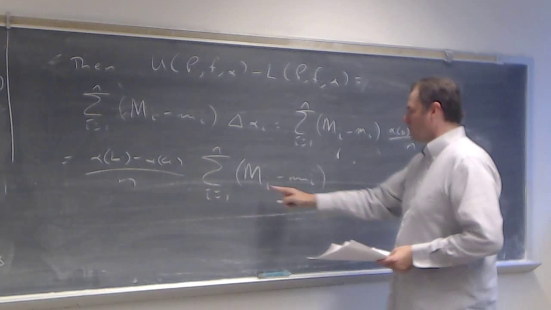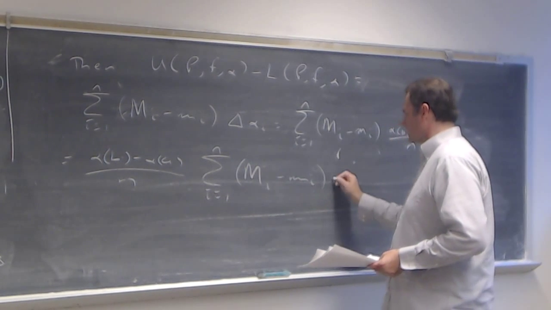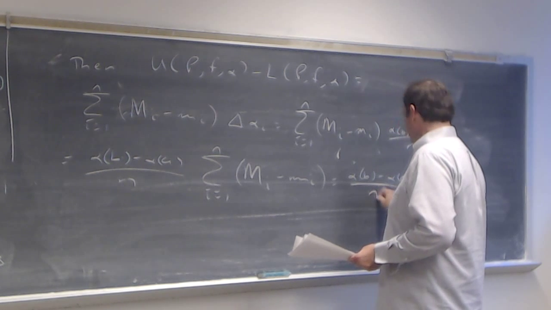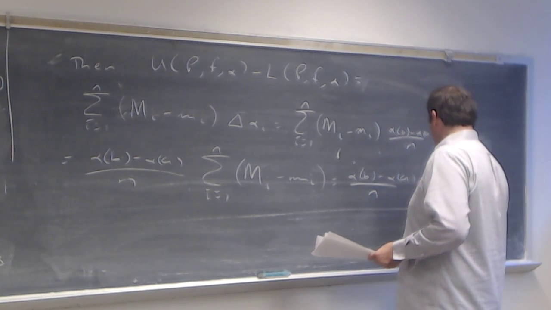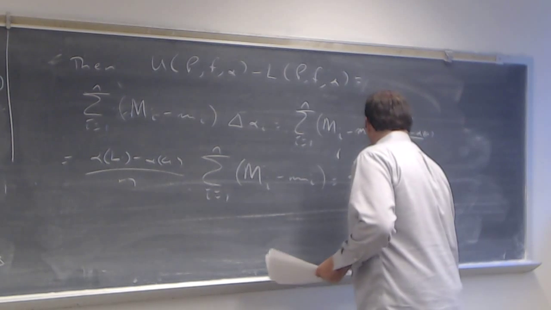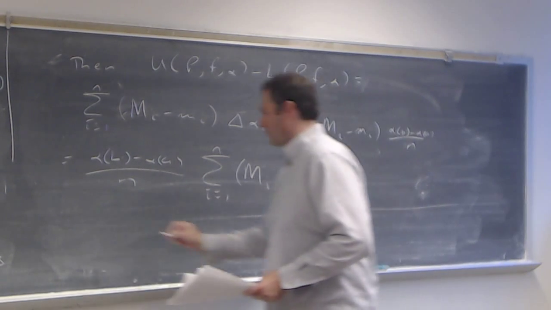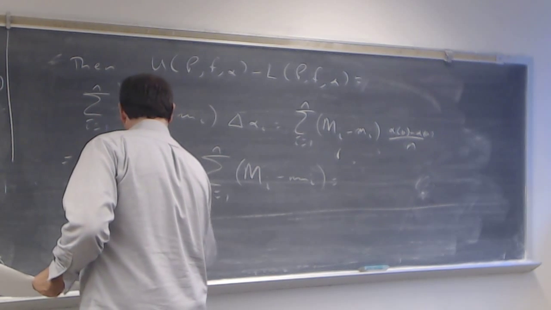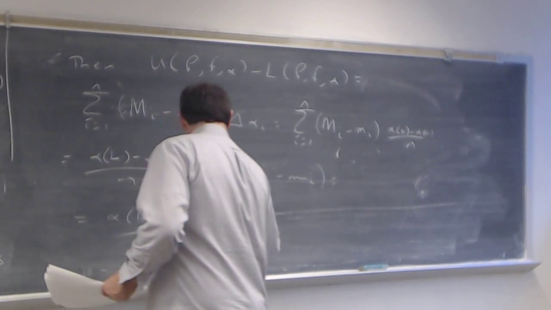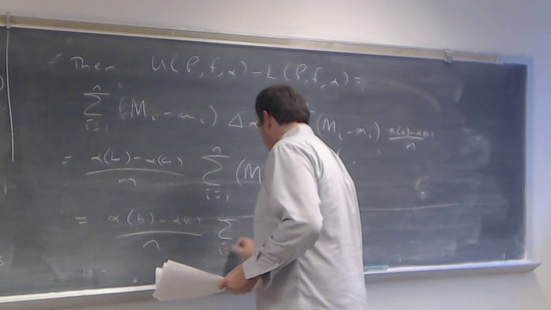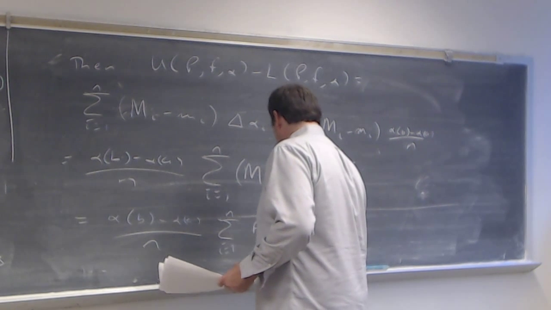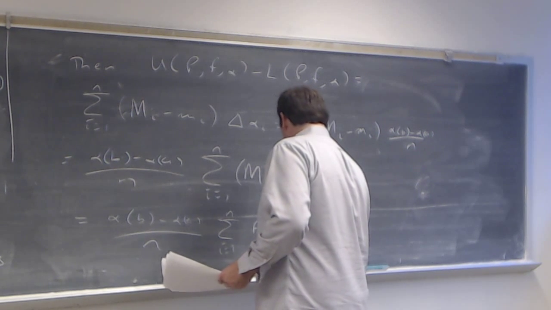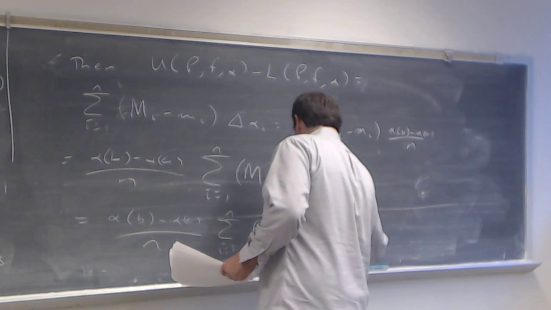But remember, we've already said what big M sub I and little m sub I are. It's alpha b minus alpha a over n. And here's the sum. Gosh, running out of room. Let me put it down here. This is the sum as I runs from 1 to n of f of x sub I minus f of x sub I minus 1.